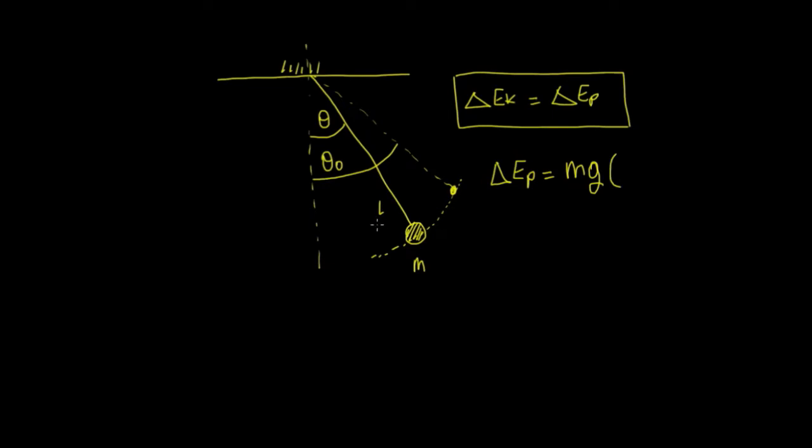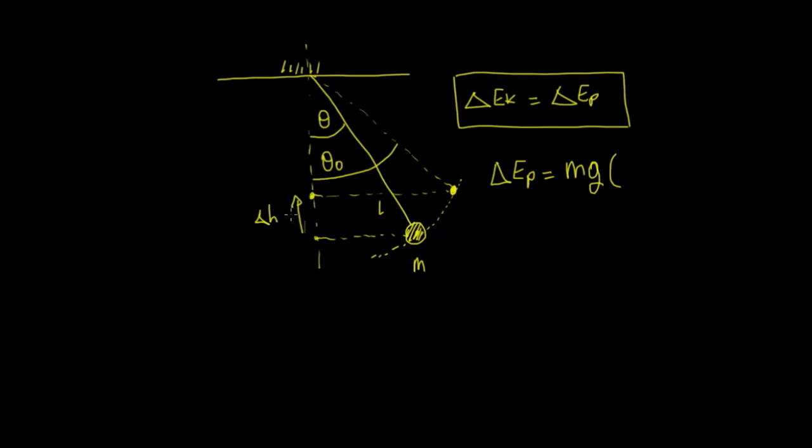The height we're looking at is the change in height from this point here up to that point there. The height at this point here, if we drop that line down, is that height there. The height at this point here is higher, it's this height here. So the change in height is this delta H.